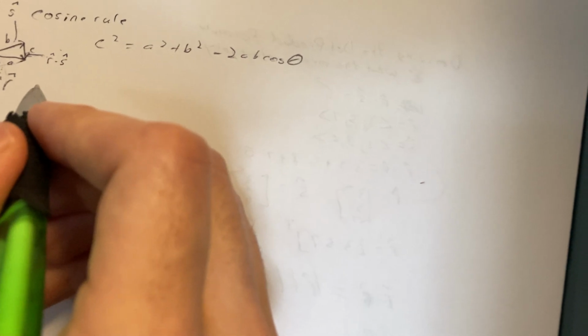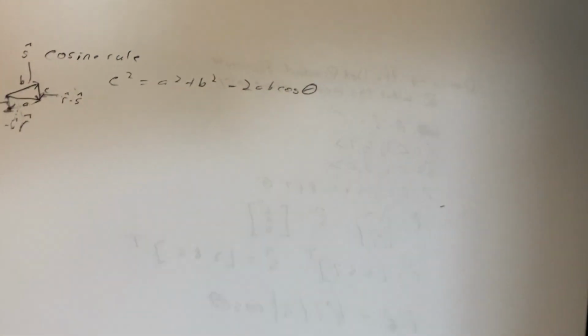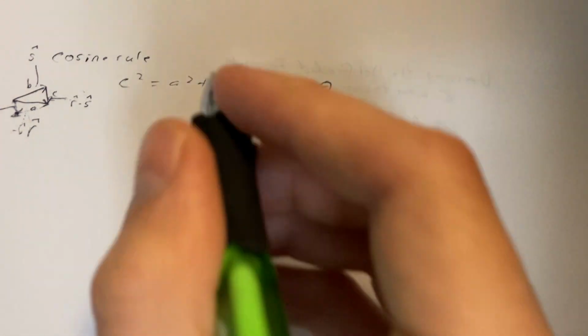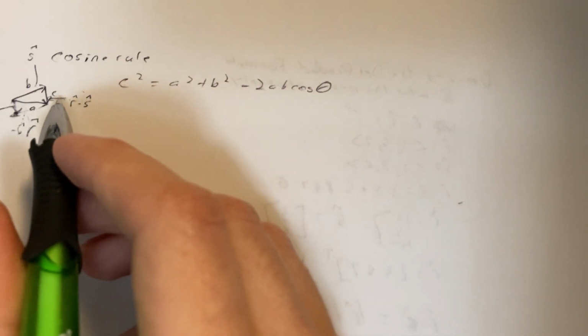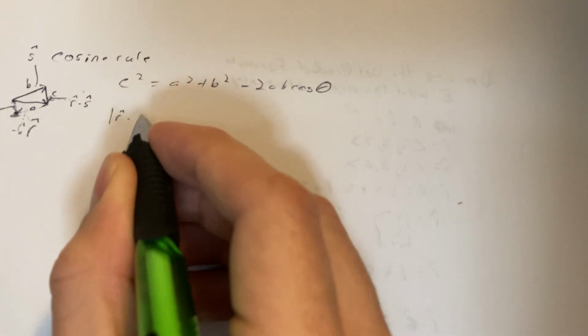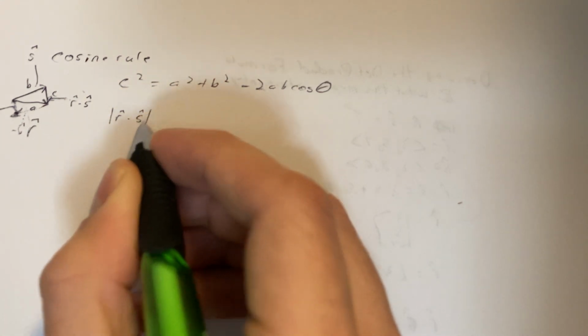Okay, so now that we know that, we can now express the cosine rule in terms of our vectors. So c squared, rather than being c squared, is going to be the vector R minus S squared.